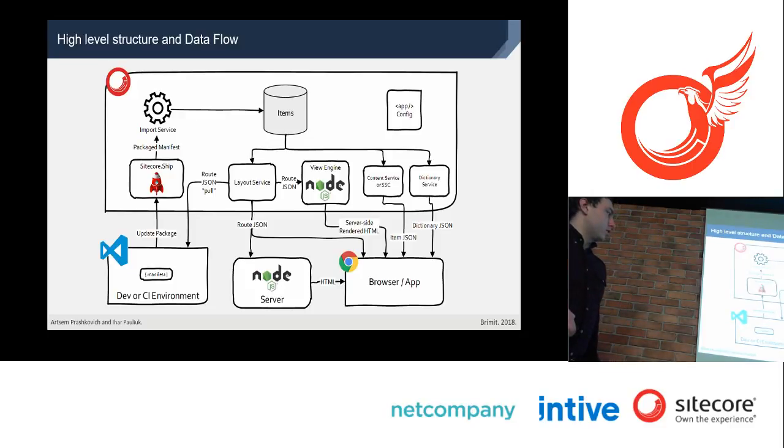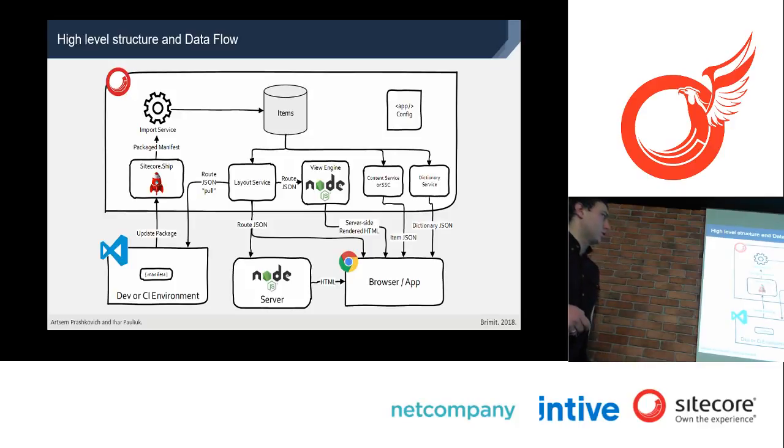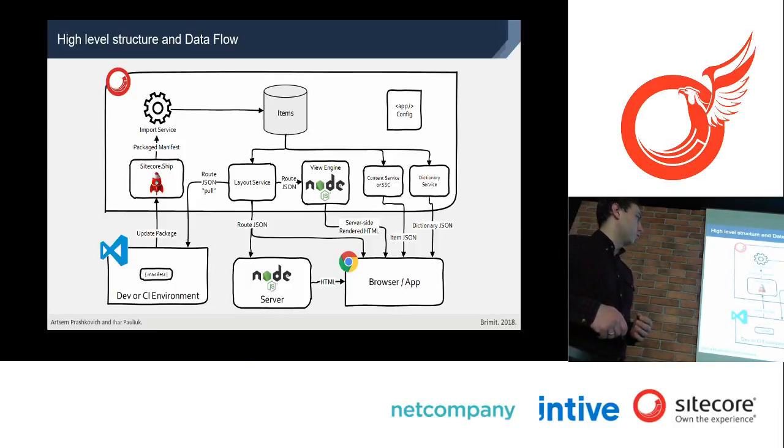Also, there is the Node.js server and the Vue engine, which also uses Node.js, and these are used to render our presentation, to render our components. Which one is used depends on which application mode we are using.